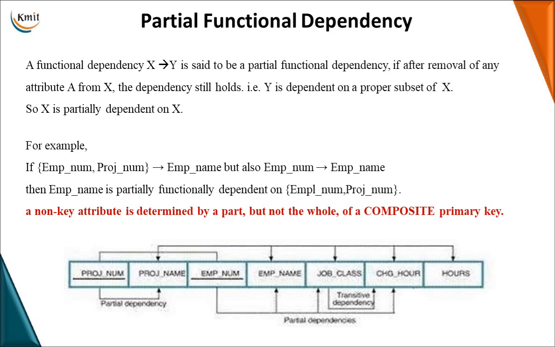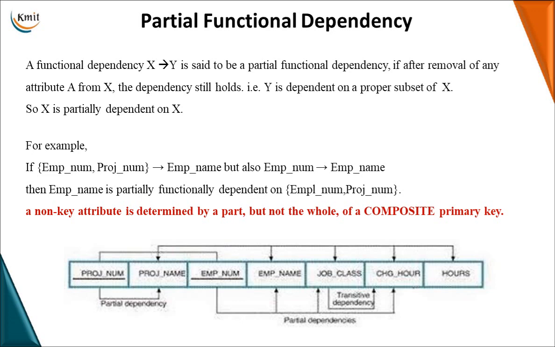So when I say this, if a non-prime attribute, that is a non-key attribute, is determined by a part but not the whole of a composite primary key, then I say that there is partial dependency. If you look into this, project number and employee number is a composite primary key, but project name is dependent only on the project number, that is partial.